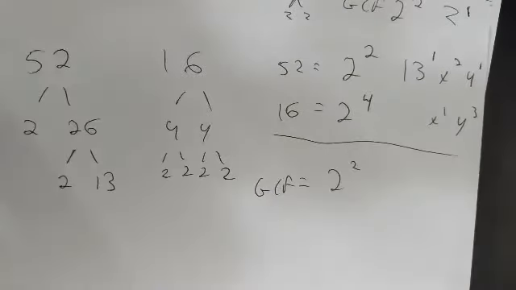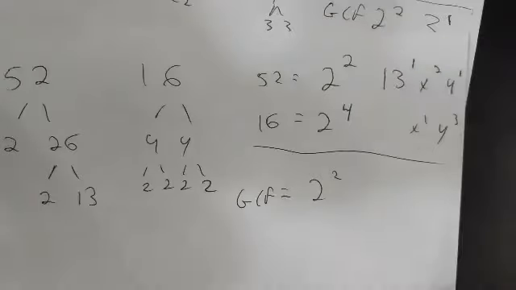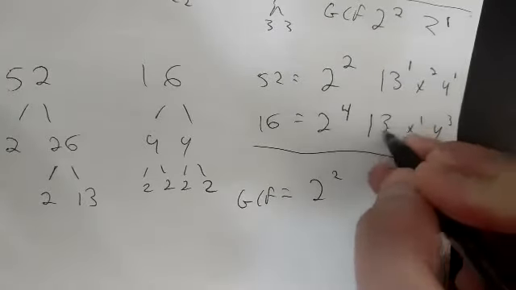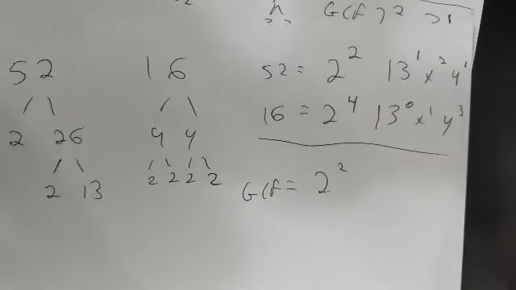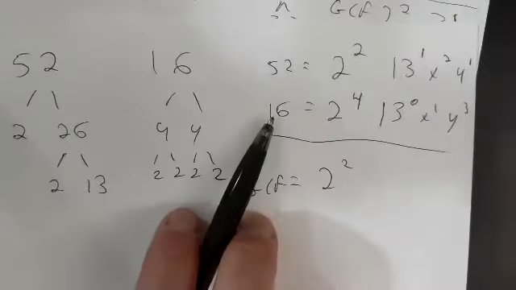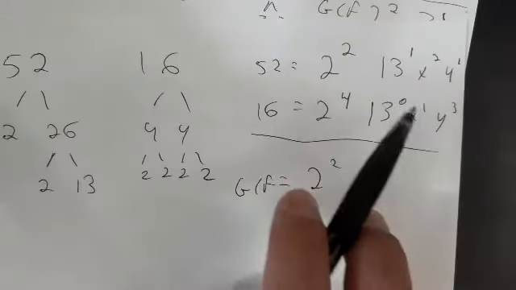I'm looking here. How many 13s can I take out of this thing? If I try to divide 16 by 13, and I don't have it written here, but if I wanted to, I could write a really stupid thing. There is no 13s in 16. So I cannot take out any 13s.